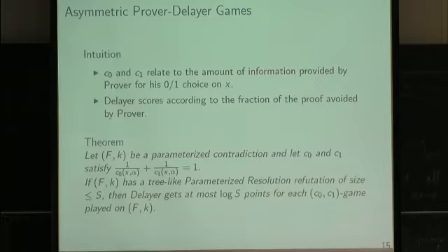Now the relation to proof sizes is given as an analogous result to the one that I showed you before of Pudlak and Impagliazzo. So again, if you have a parameterized contradiction and two functions meeting this requirement, and you have a short proof of some parameterized contradiction, so short proof means you have some upper bound S, then again the delayer will get at most log n points for each C0, C1 game played on Fk.